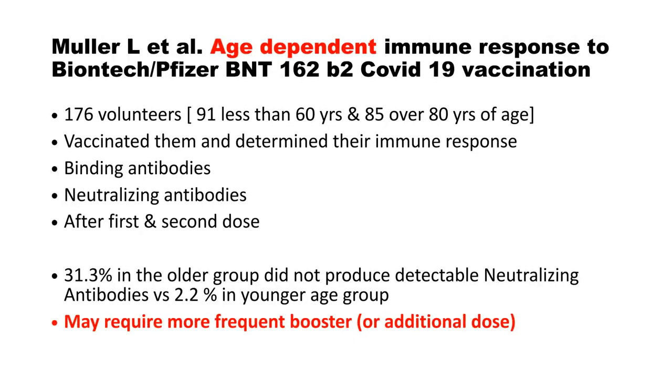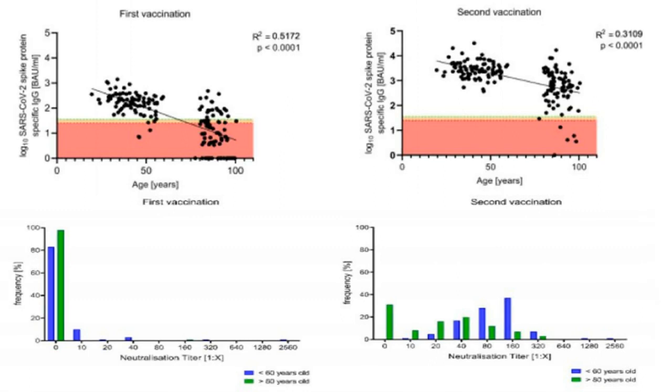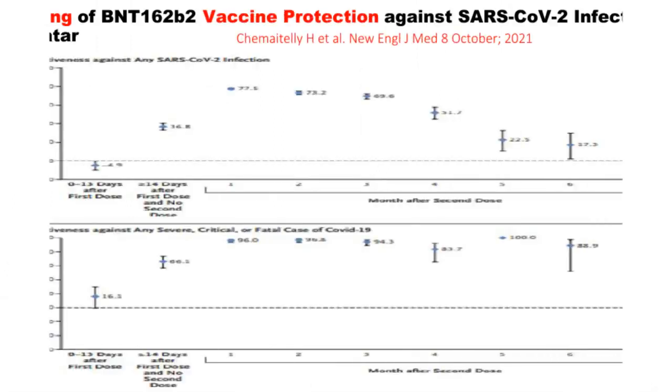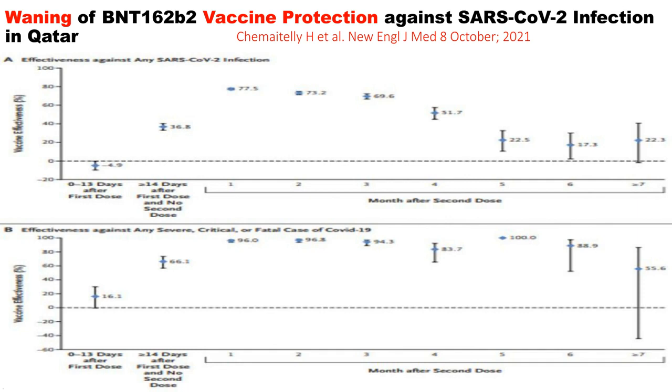But Muller reported that not everybody produces high antibodies. And they found that persons who were elderly had both less IgG antibodies and neutralizing antibodies. From Qatar, the reports came that after the vaccination, there was a decrease in protection against infection.